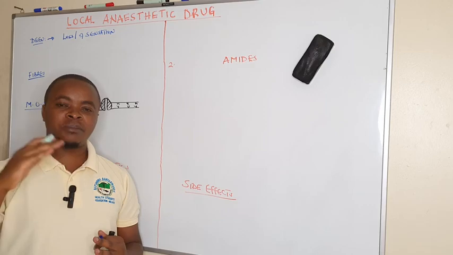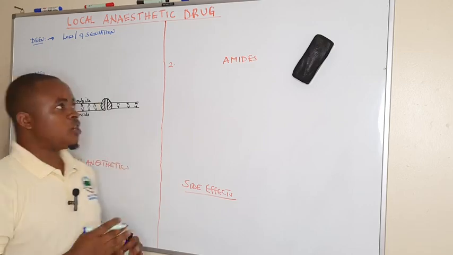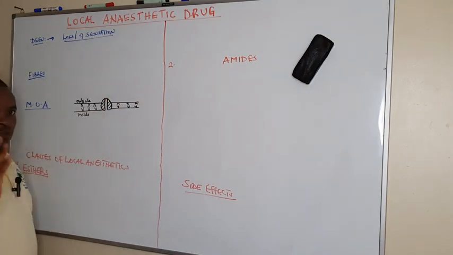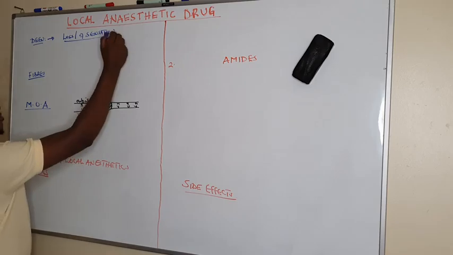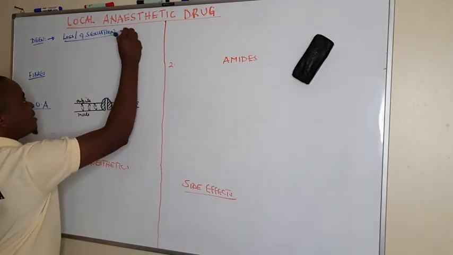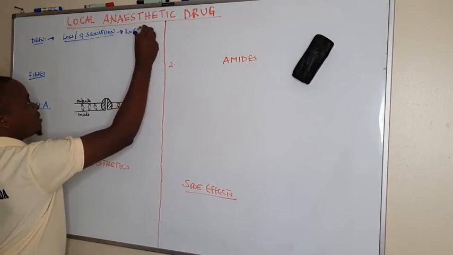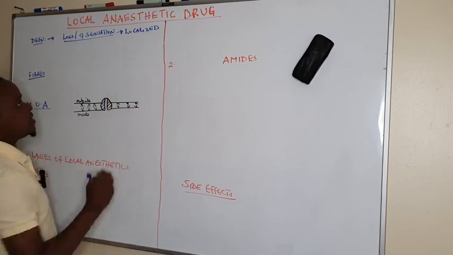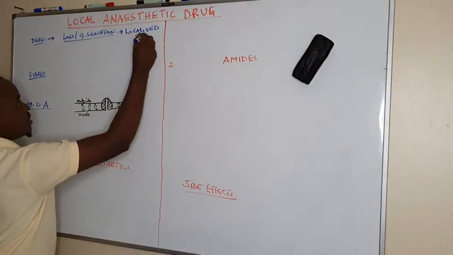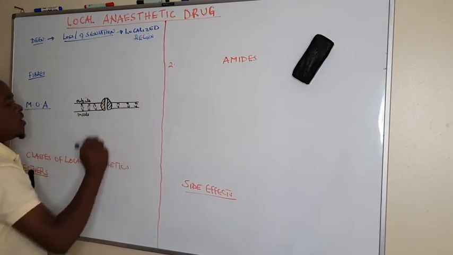When there is no action potential in the axon of the neuron, we cease to respond to the stimulus due to pain. So it is a temporary loss of sensation, but this one occurs at a specific site or localized region. That is why we call them local anesthetics.